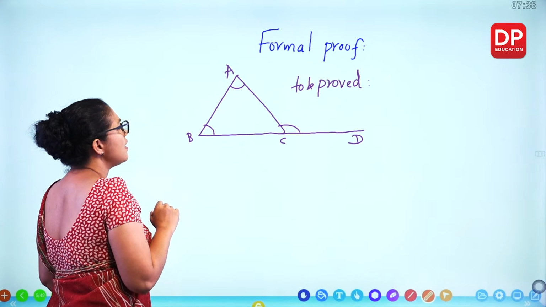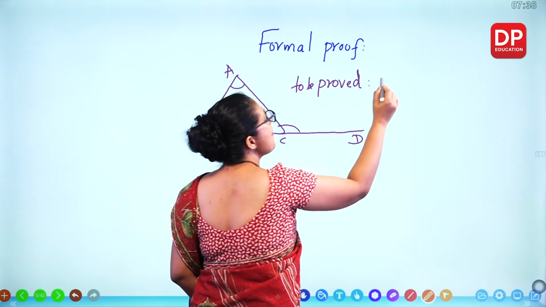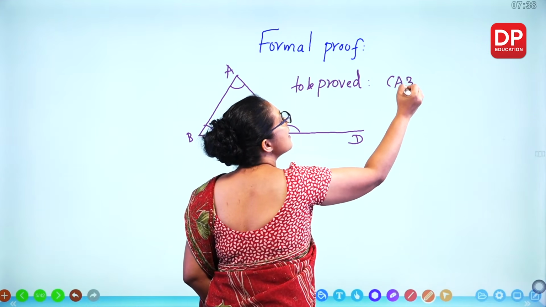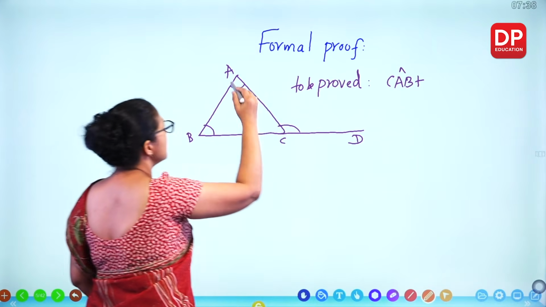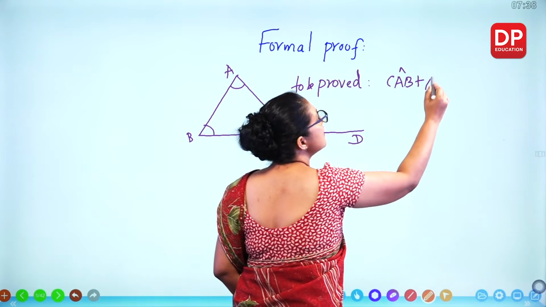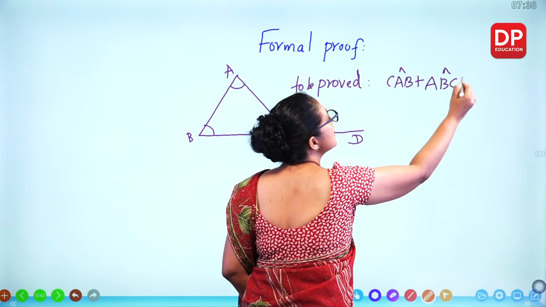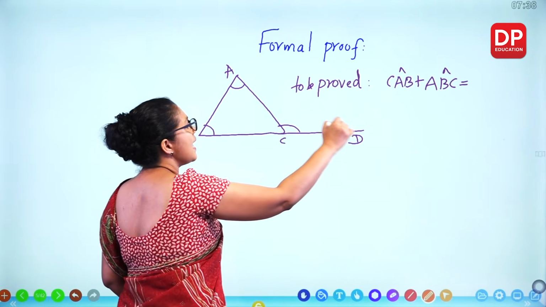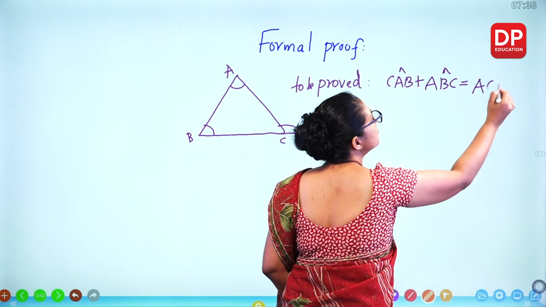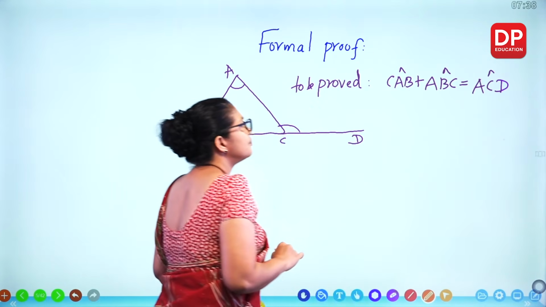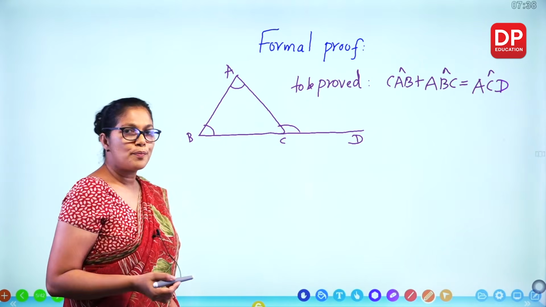So I'll write down, I need to prove angle CAB plus angle ABC is equal to angle ACD. So that's what we need to prove.